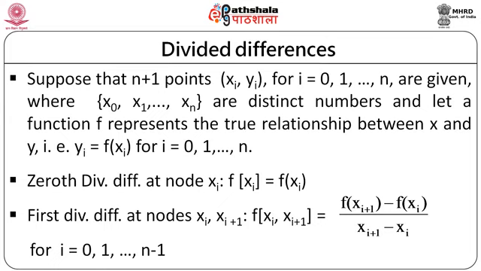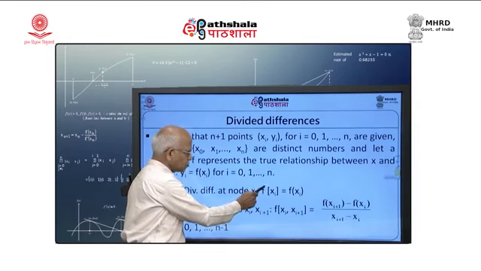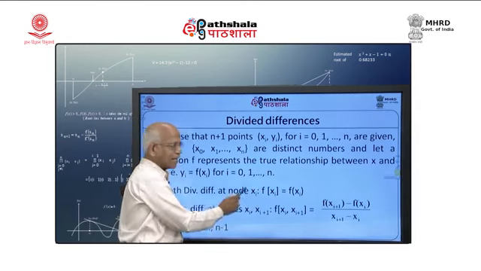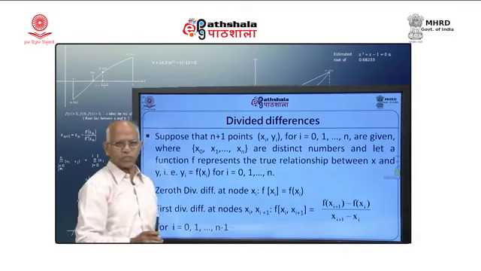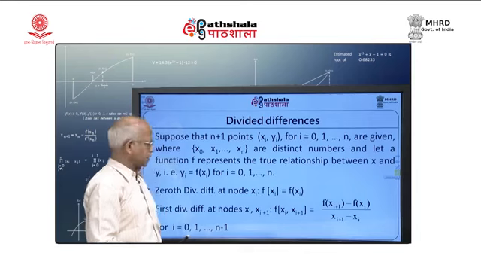Now, this true relationship may be known or may not be known, but we are just assuming that the true relationship is given by f, that is, y i is equal to f of x i for all i equal to 0, 1, 2, 3 up to n. Then we define the 0th divided difference at node x i. This will be denoted by f of square bracket x i, and it is given by just the value of the function f at x i, or simply the value of y i.